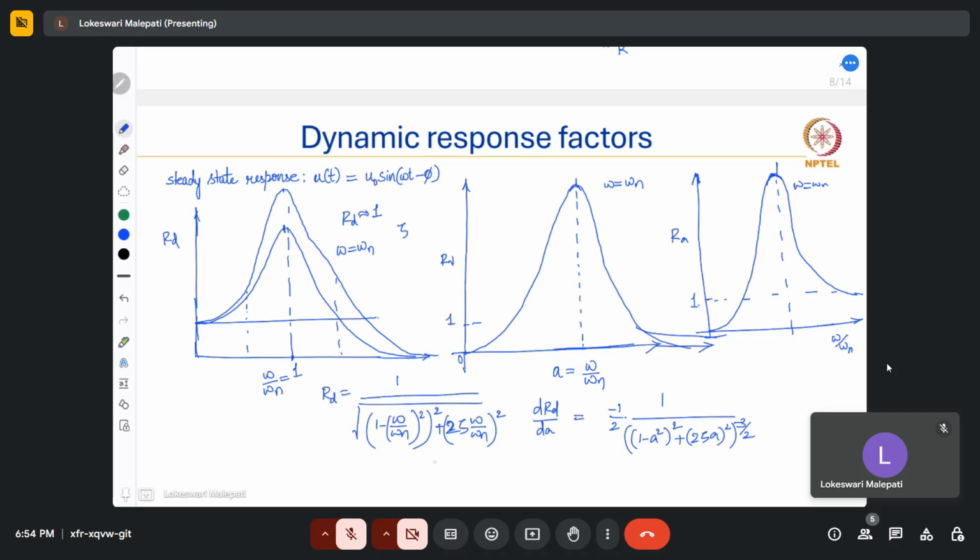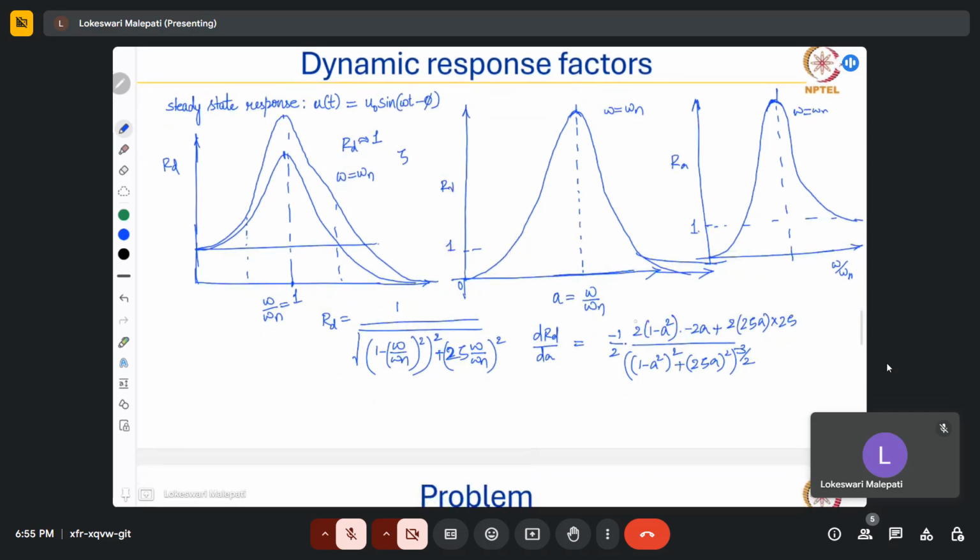And this whole term should also be differentiated with respect to a. Then we will get 2 of 1 minus a square multiplied by minus 2a plus 2 times 2 zeta a multiplied by 2 zeta. For maximum value, this will be equal to 0.